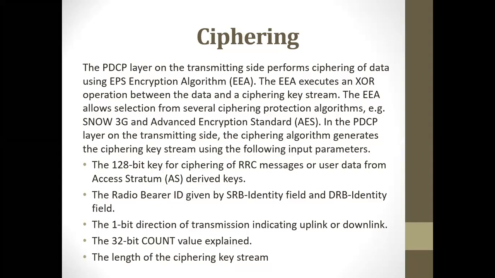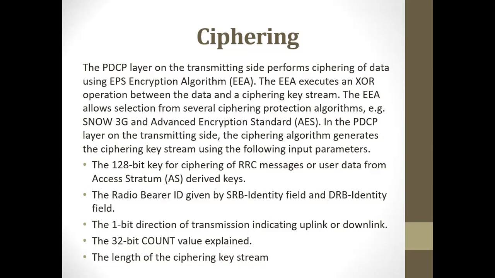Both sides have to know that. And secondly, there are IDs. There are different types of messages under different radio bearers. There are 3 SRBs, 0, 1, 2, and there can be multiple DRBs, and the maximum there can be 8. So these are numbered from 0 through 7. So you have the radio bearer ID, and these IDs are also used.